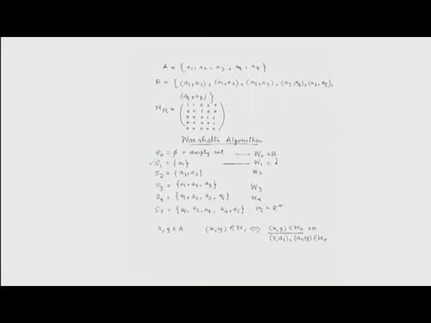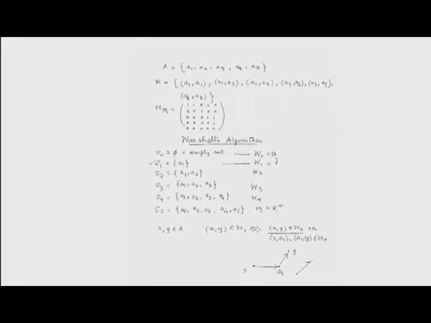So, this means that I have x over here and y over here, and there is a relation from x to A1, that is x R A1, and then A1 R y, and we know that R and W0 are the same.